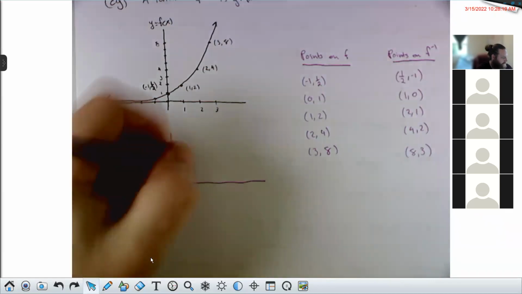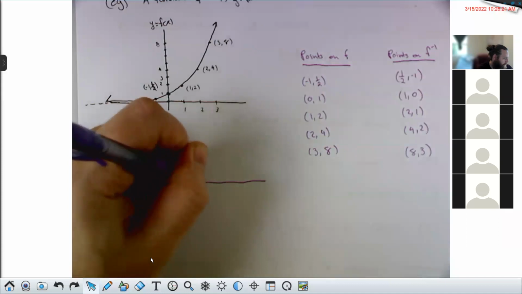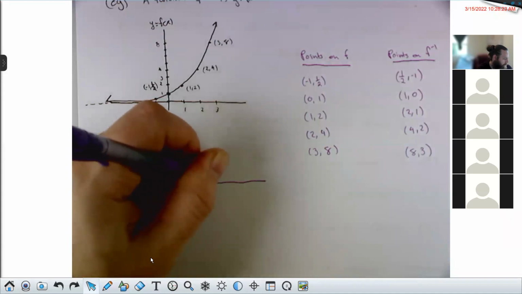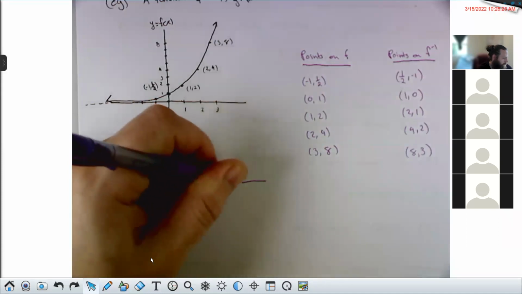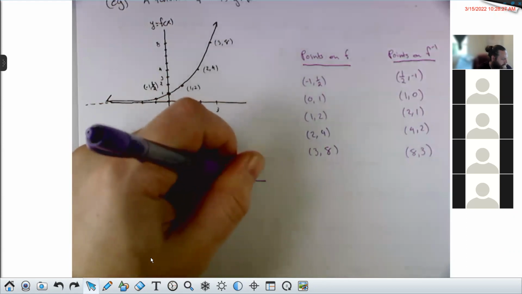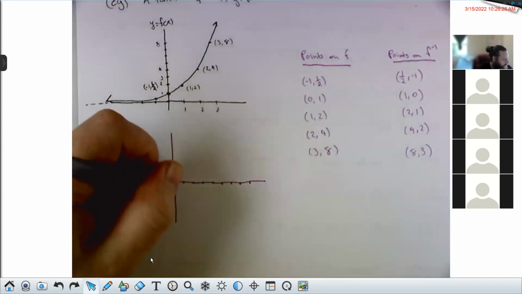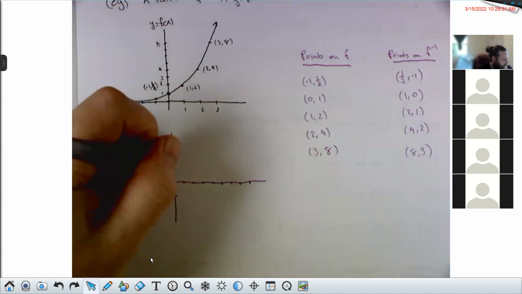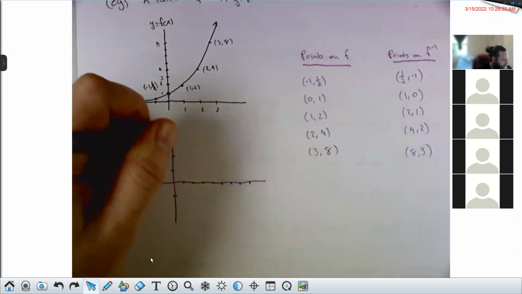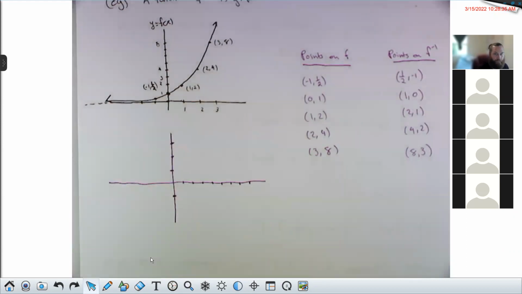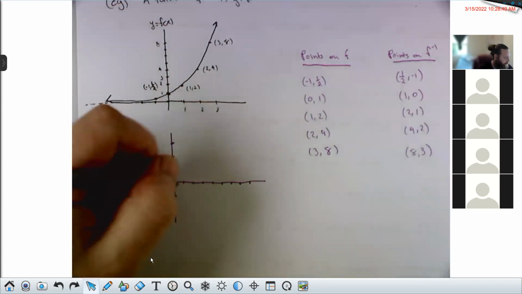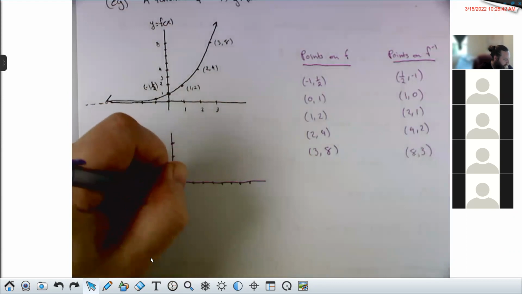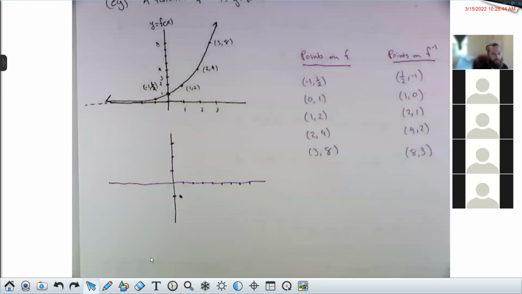So for my x's here, I'll need to go out to 8. Let's go 1, 2, 3, 4, 5, 6, 7, 8. My y values, I've got a -1 here, and 1, 2, and 3. So (1/2, -1). That would be like right here. (1, 0).